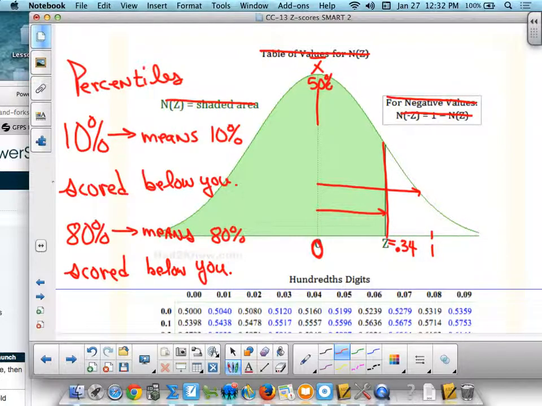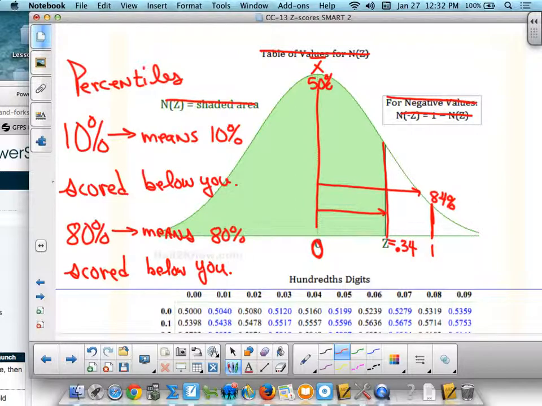So right here, 50% are below you. If you were at 1, what percent fall between the average and 1? 34. Plus the 50. You scored better than 84% of the population.